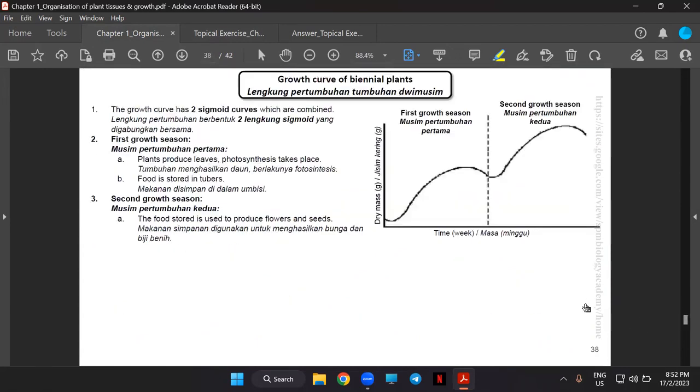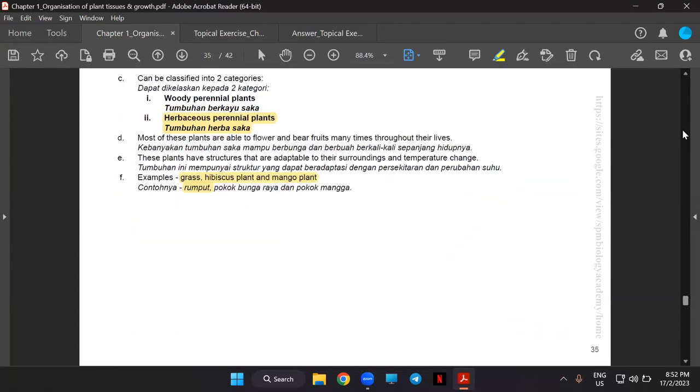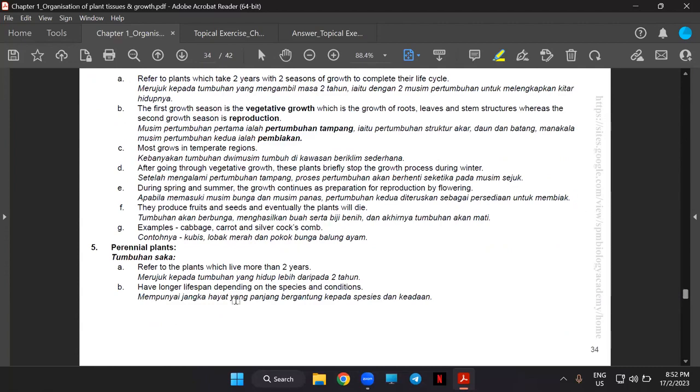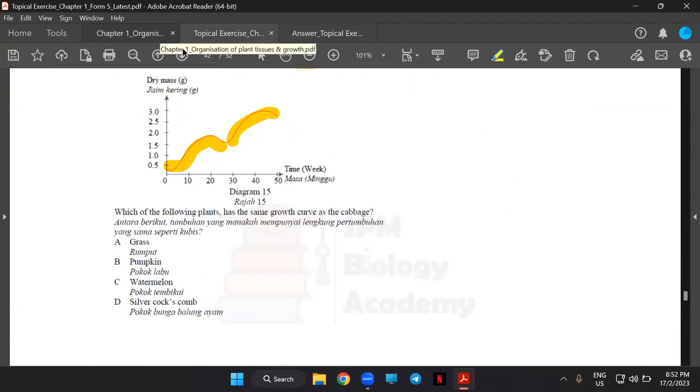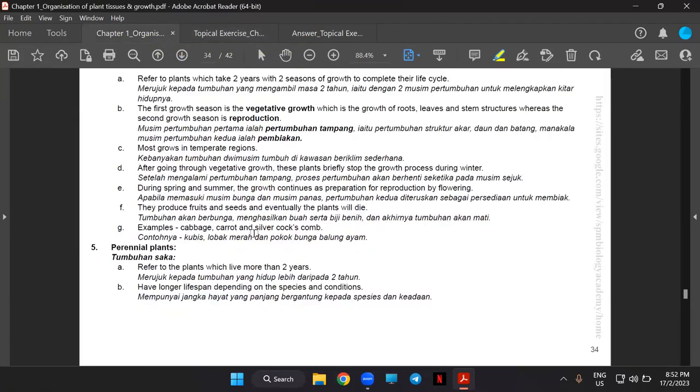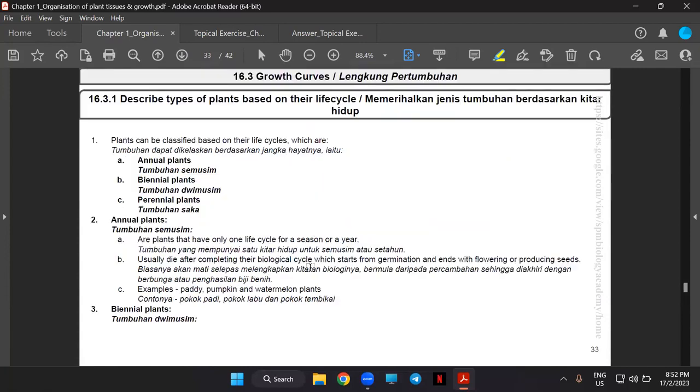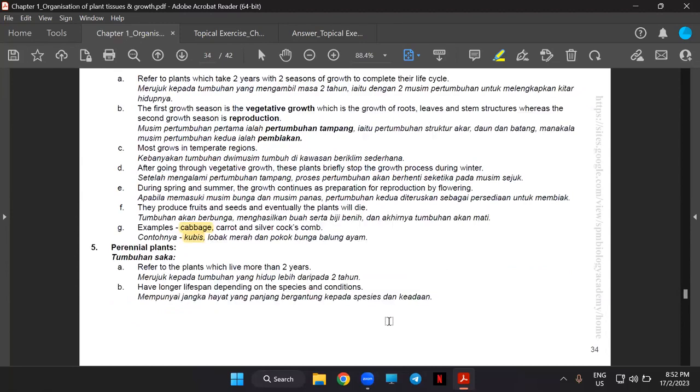This is the one. Biennial plant. Tumbuhan dwi musim. Dan kalau kita lihat nota di sini, ada carrot, right? Carrot. Cabbage. You can see cabbage here. So kubis, cabbage datang di bawah biennial plant, tumbuhan dwi musim.